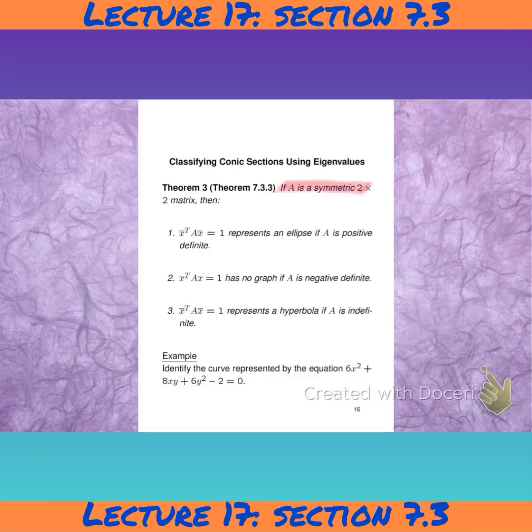Right, so if A is symmetric, a 2 by 2 matrix, then the quadratic form equal to 1 represents an ellipse if A is positive definite. It has no graph if A is negative definite, and it represents a hyperbola if A is indefinite.